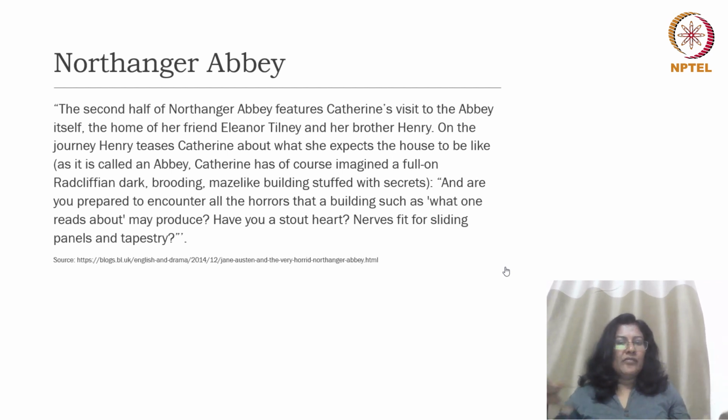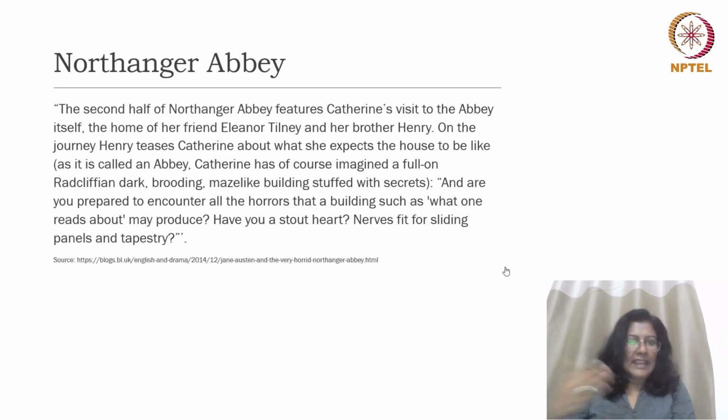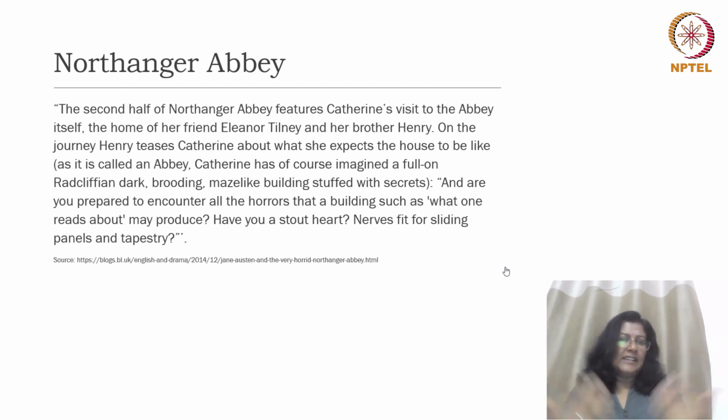So when Henry is teasing her, he's also setting up Northanger Abbey as a place with a lot of potential for Gothic terror and horror. And it is these elements which create a particular mood in Catherine Morland about the structure, Northanger Abbey, and she tries to bring back her reading and see the world through the pages of the works that she had read.